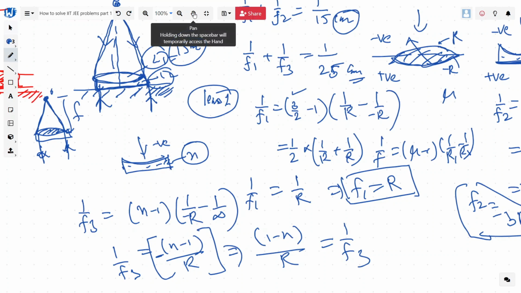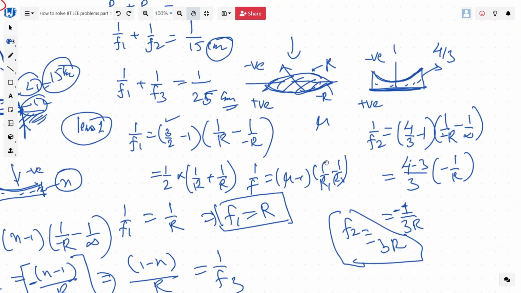Now let's see what we have got. We know 1 by f1 plus 1 by f2 is 1 by 15 centimeter. Now we know the values of f1 and f2 as well, so we can simply plug them in to find the value of r.